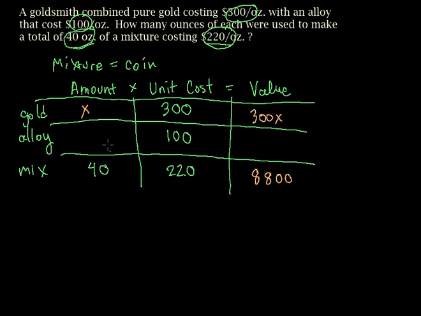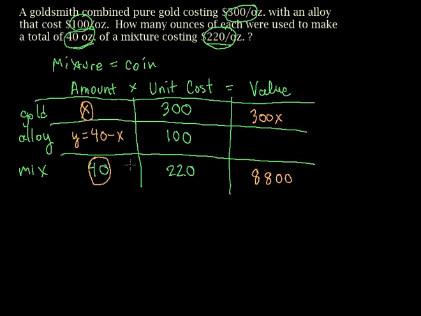All right. Now, what about this alloy? Well, we could say, we don't know, maybe use a different variable like y, but that overcomplicates things because now we have too many variables. But if you think about it, if we have a total mixture of 40 and we have x ounces of gold, then 40 minus x is how much alloy we have, right? Because x plus 40 minus x equals 40.